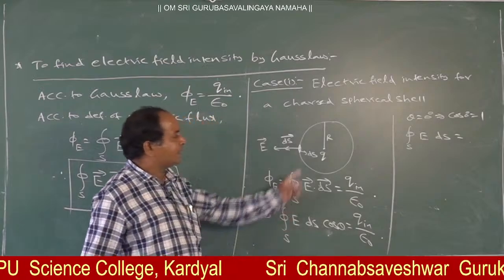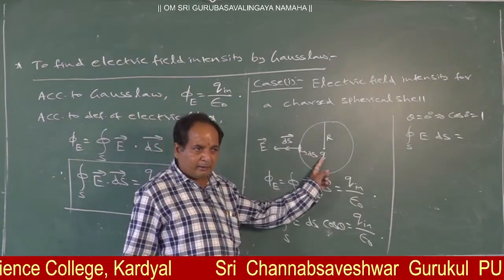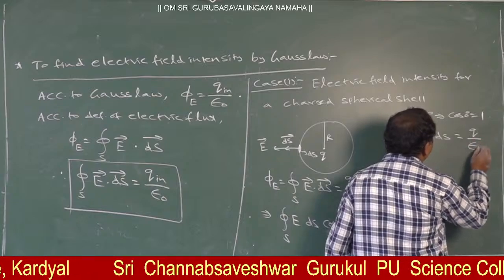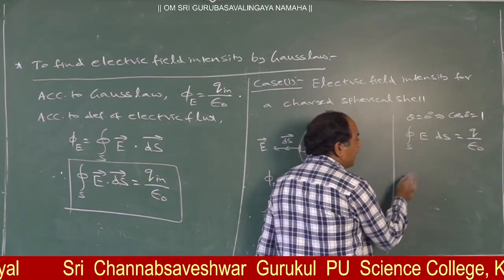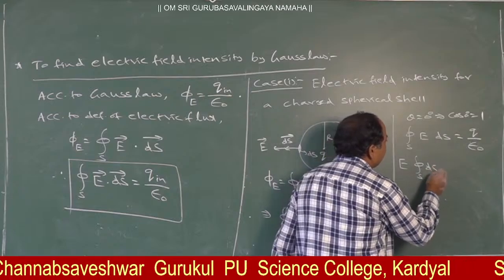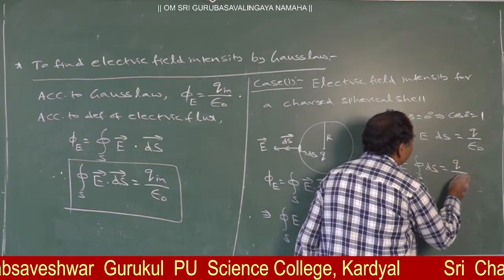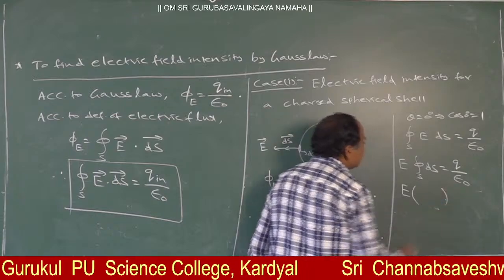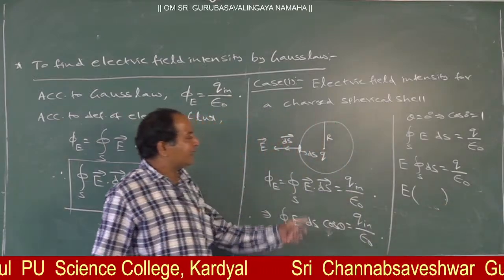How much charge is enclosed here? Q. So Q divided by epsilon. Here, E is the constant, so E surface integral of ds is equal to Q by epsilon. What is the surface integral of ds?